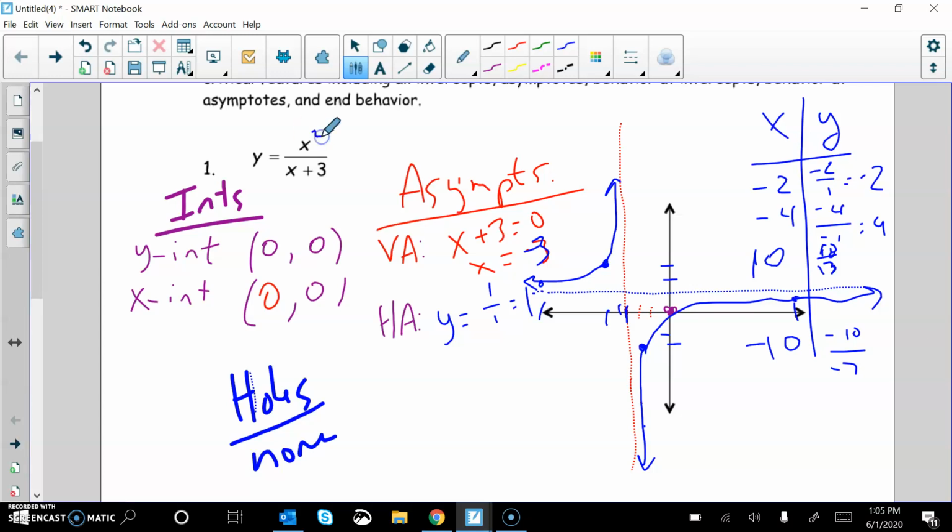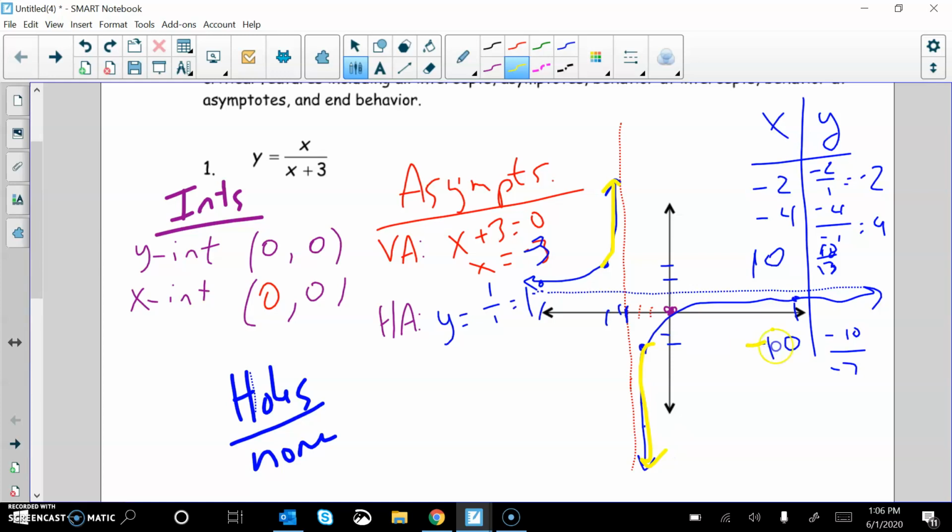So for example, had this been squared, or any even power, it would have touched 0, 0 and returned something like that instead of going through it. If the denominator or the factor that gave you your vertical asymptote is an even power, then your graphs will approach that asymptote in the same direction, both up or both down. We did not have that in this case, so the graph approaches a vertical asymptote in opposite directions.